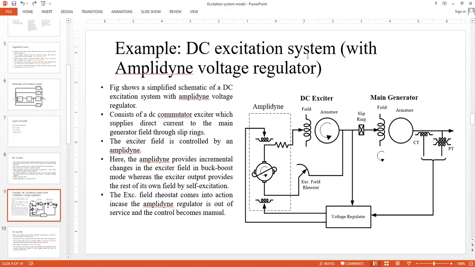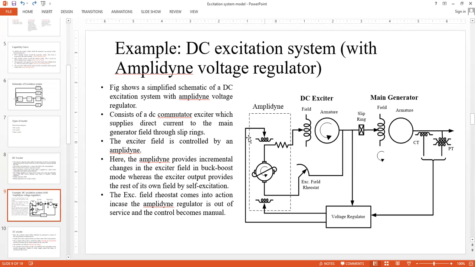So this is the schematic for the DC excitation system. In this case, we have a pretty old device, which is known as the Amplidyne, which is nothing but a sort of rotating amplifier, based on the motor-generator concept. It has some special construction.